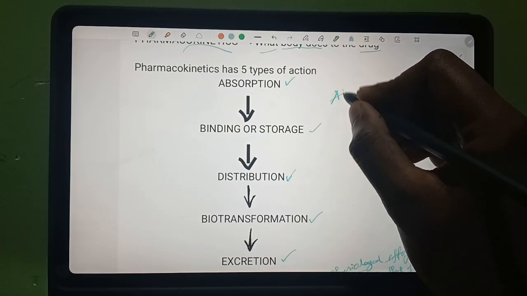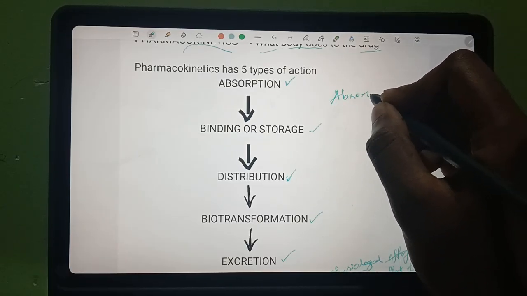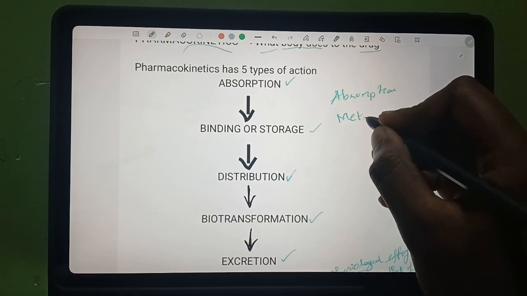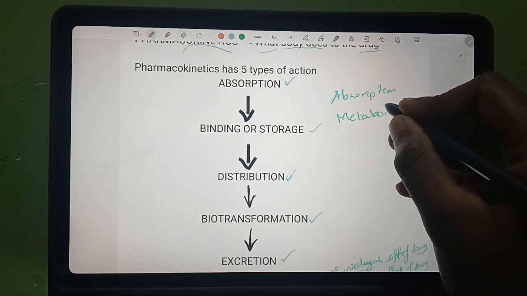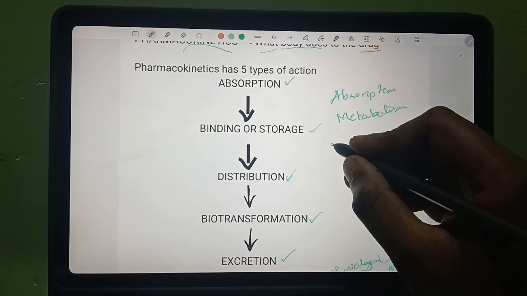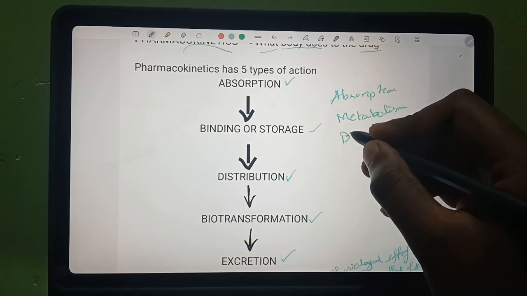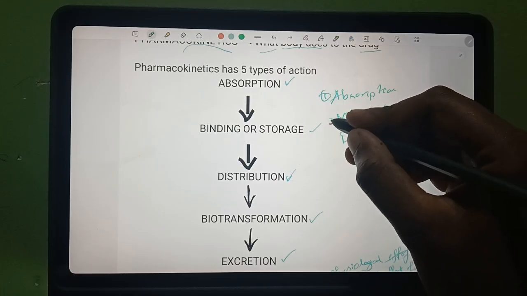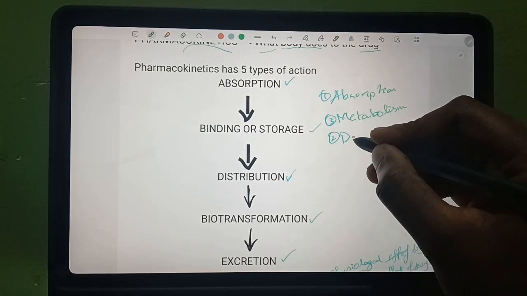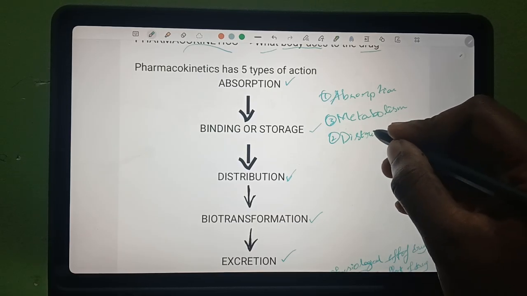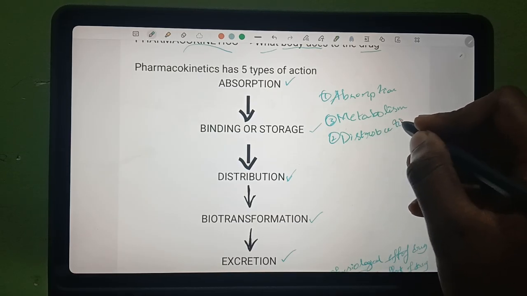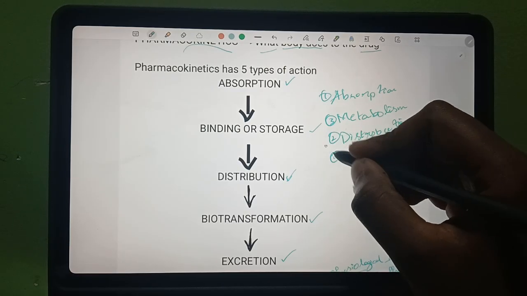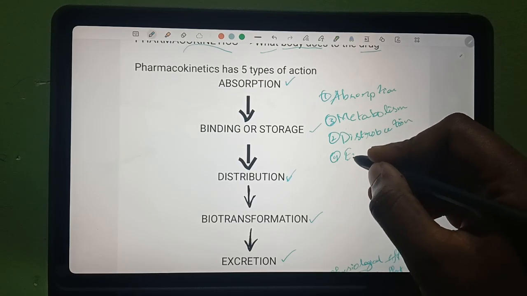First, absorption. Next, metabolism. Absorption is 1, metabolism is 3, distribution is second, and 4 finally is excretion.